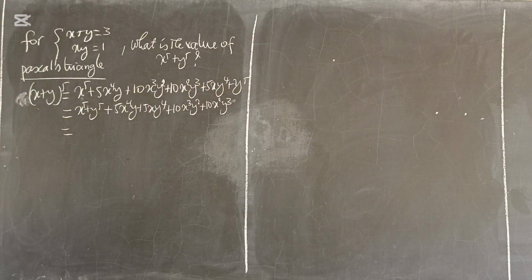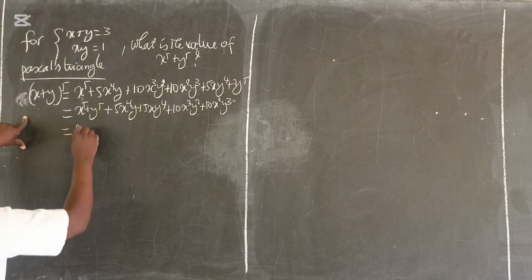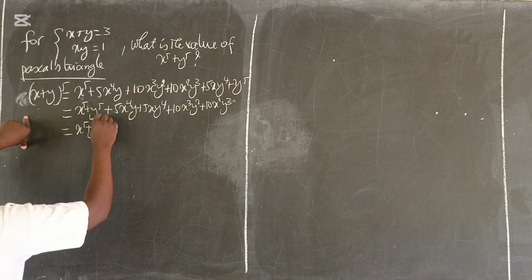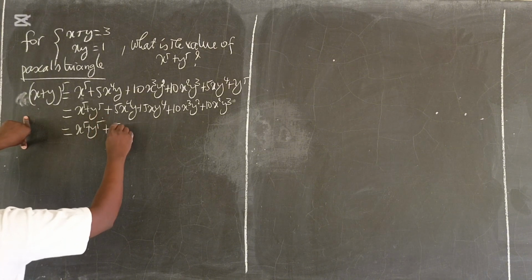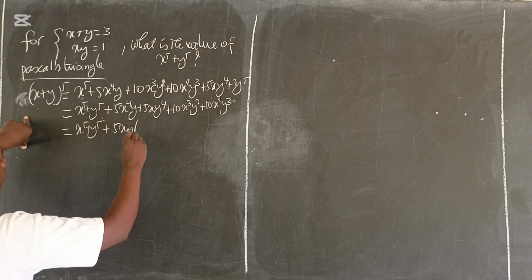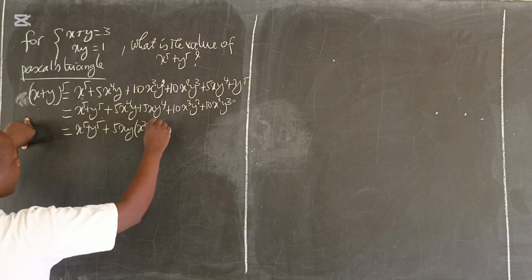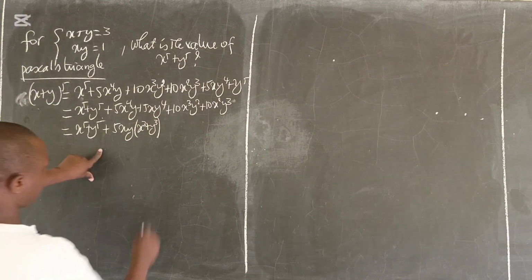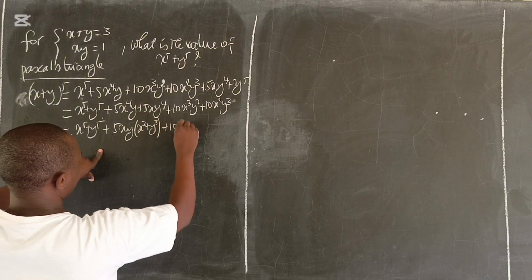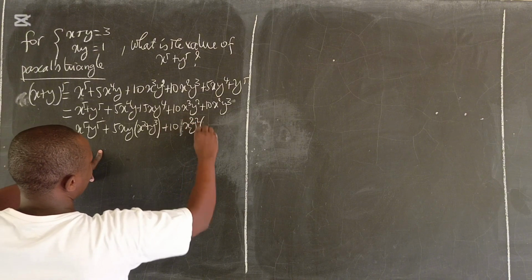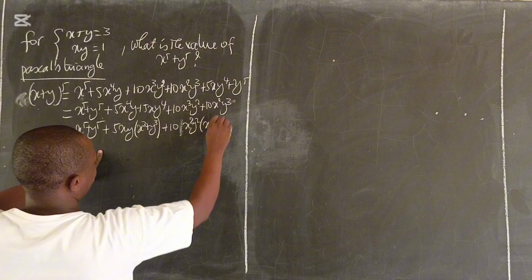As you see, here we have x power 5 plus y power 5 plus 5xy into (x power 3 plus y power 3) plus 10 into x square y square into (x plus y).